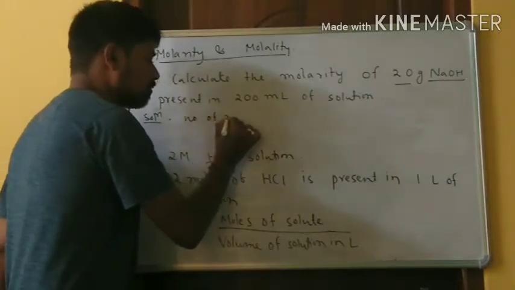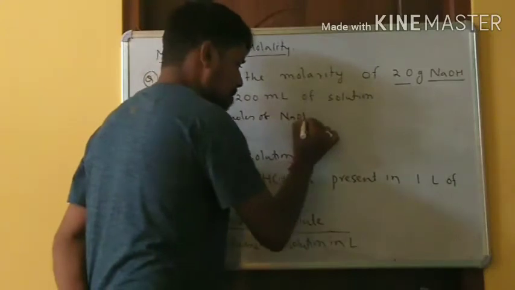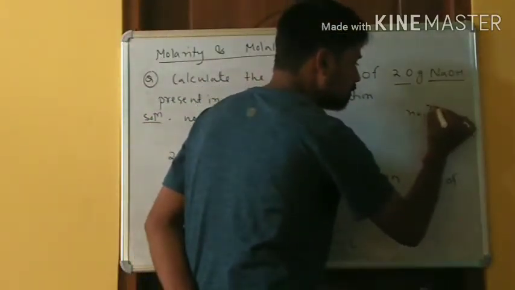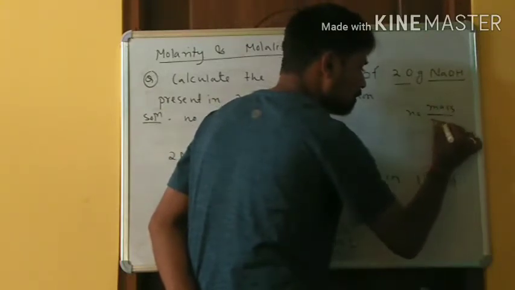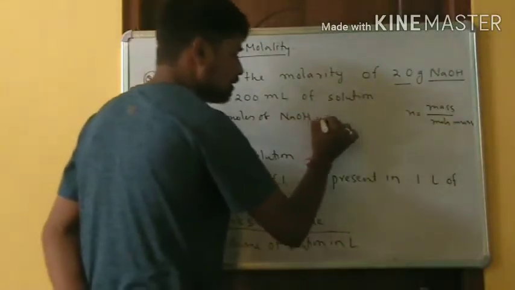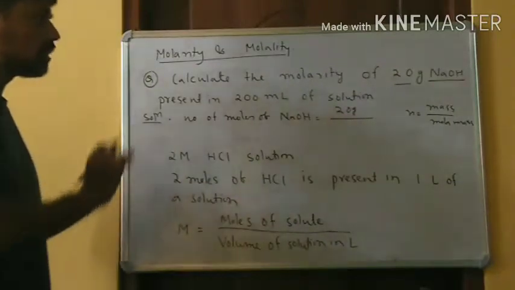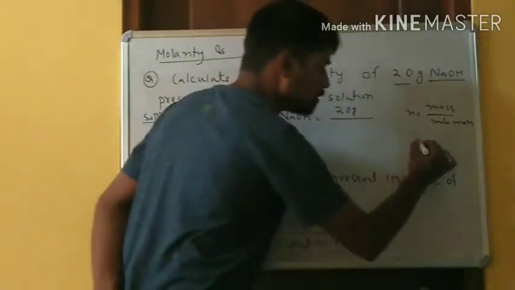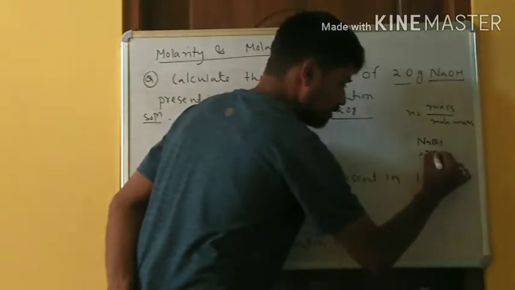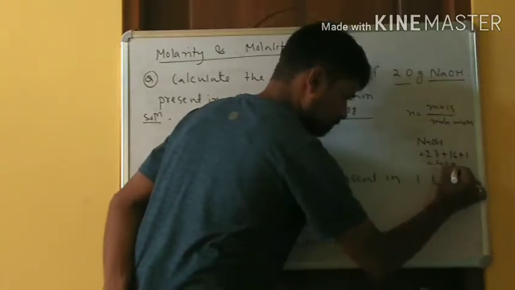We know that number of moles n equals mass by molar mass. The mass of solute is 20 gram, and the molar mass of NaOH is: mass of sodium 23, oxygen 16, hydrogen 1, equal to 40 gram.